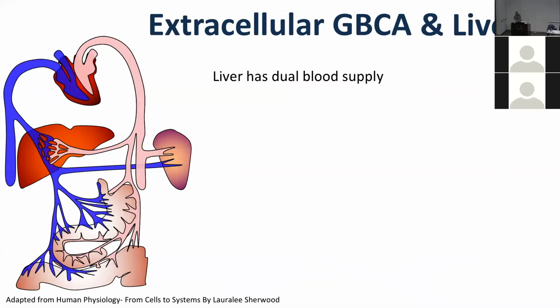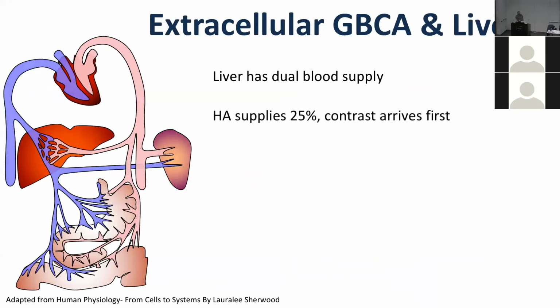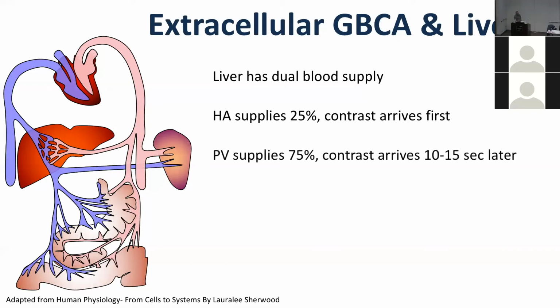So we have the hepatic artery going into the liver, but then we also have contrast getting into the liver via the splenic vein and via the mesenteric circulation through the portal vein. So 25% of the contrast is going to get into the liver via the hepatic artery, and about 75% is going to get in via the portal vein, but the portal vein contrast gets in later, right?